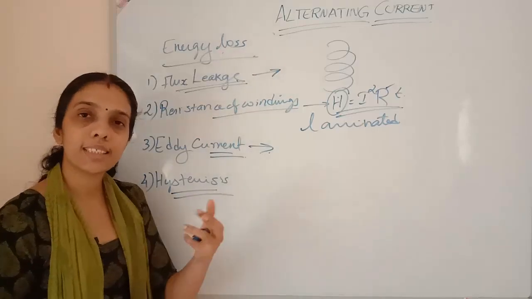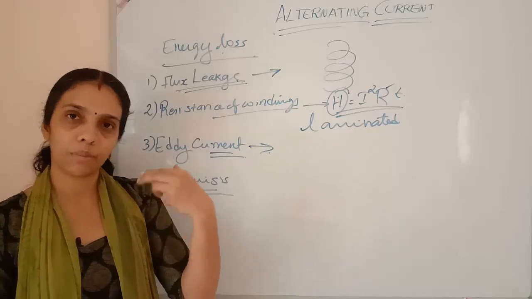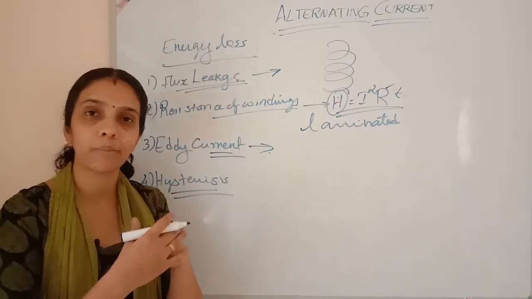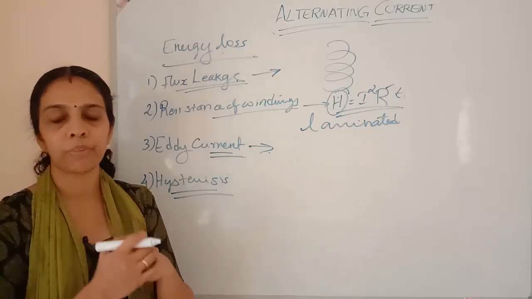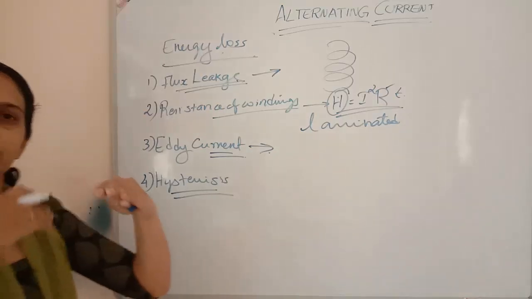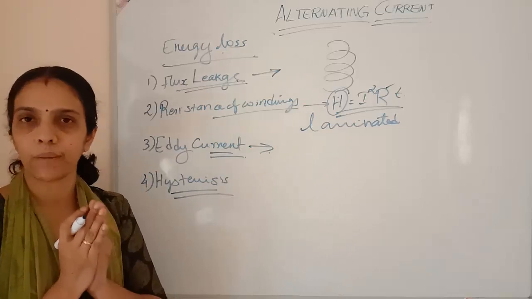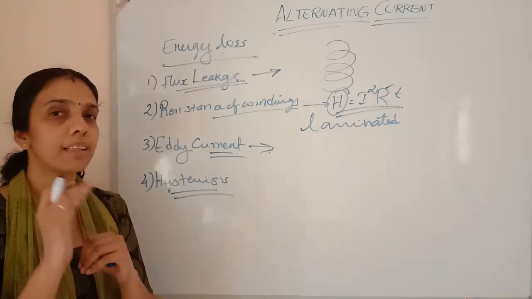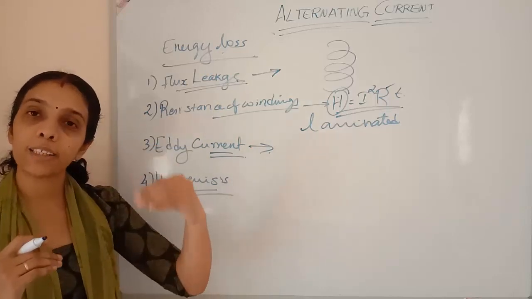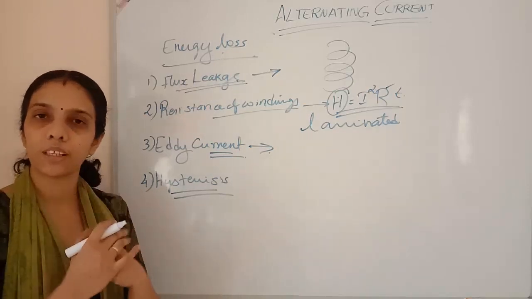Hysteresis means alternating current gives a magnetic flux. Since current is flowing through the coil, a magnetic field will be generated near it. Alternating means this magnetic field, its polarity, is continuously changing.